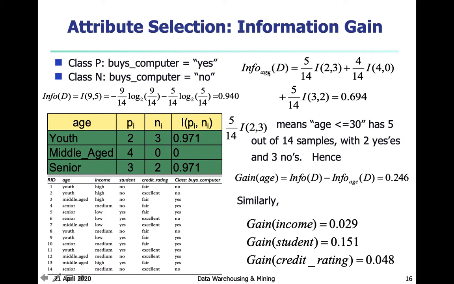In case of age, for youth, the total number of tuples is 5, so this is 5 by 14.